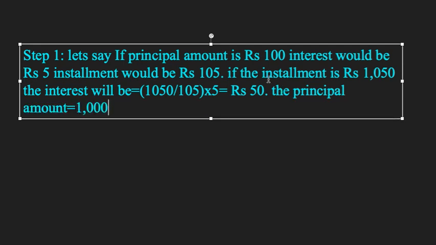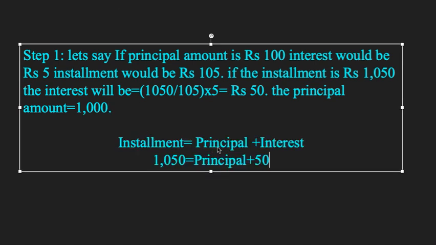Simple, right? Because we know installment is equal to principal plus interest. The installment is given as 1050, which is equal to principal plus interest of 50 rupees.